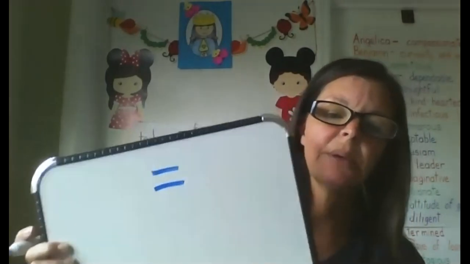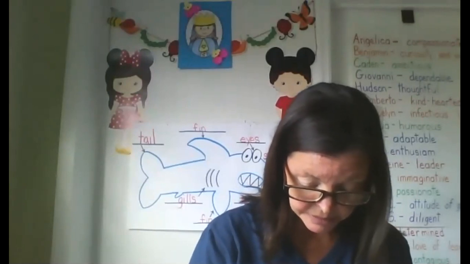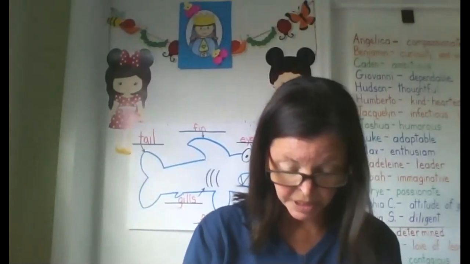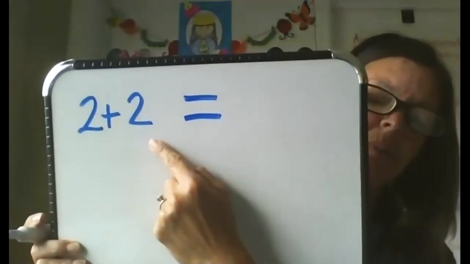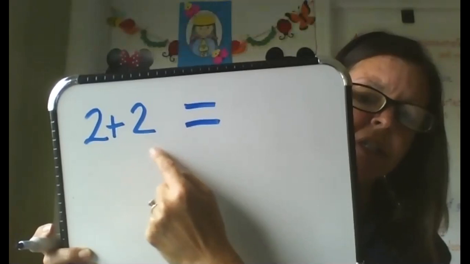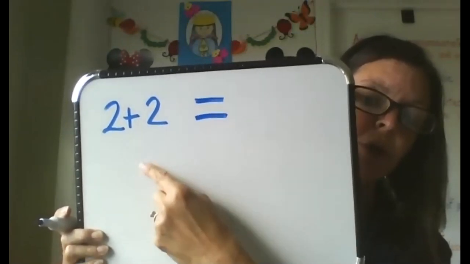So let me give you an example about what I mean. If I have an equation that says 2 plus 2. Okay, so we know that 2 plus 2 equals what? 4, okay? 2 plus 2 more is 4.